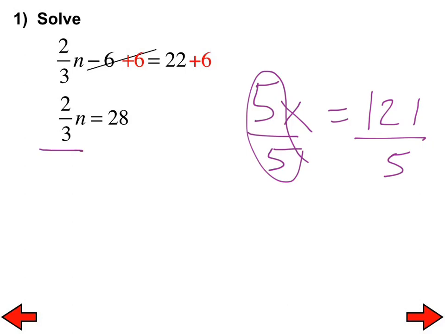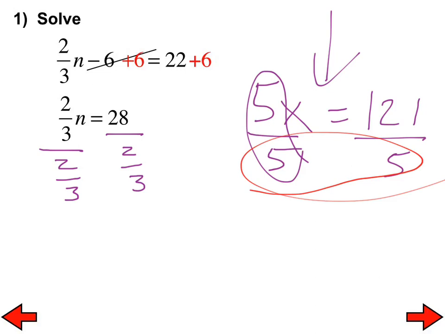We want to divide both sides by 2/3, and this is where you should be taking very good notes. Now, I know for a few of you that looks funny and a lot different than what I did right here, but it's exactly the same thing. In 5x equals 121, I divided both sides by 5.